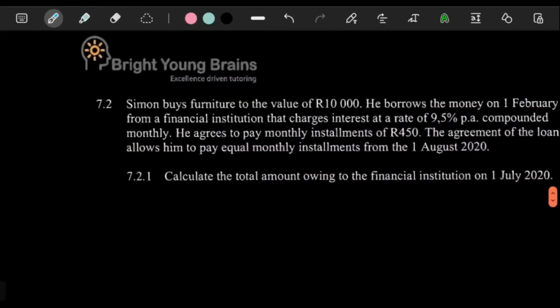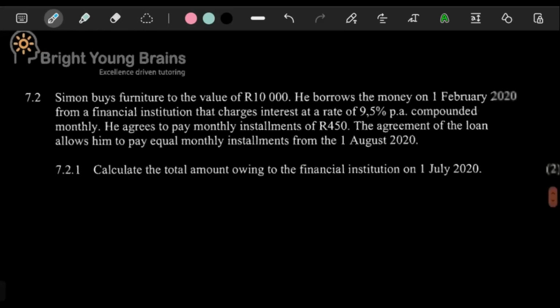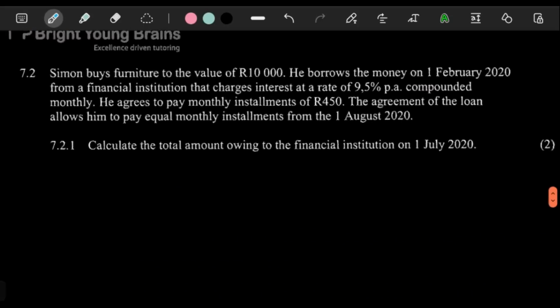7.2 says Simon buys furniture to the value of 10,000. He borrows the money on the 1st of Feb 2020 from a financial institution that charges interest at this much, compounded monthly. He agrees to pay monthly installments of 450.